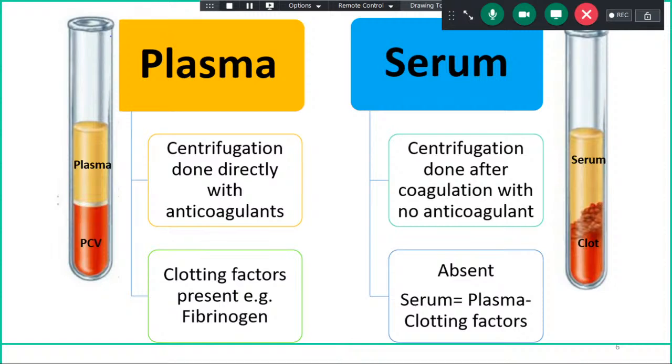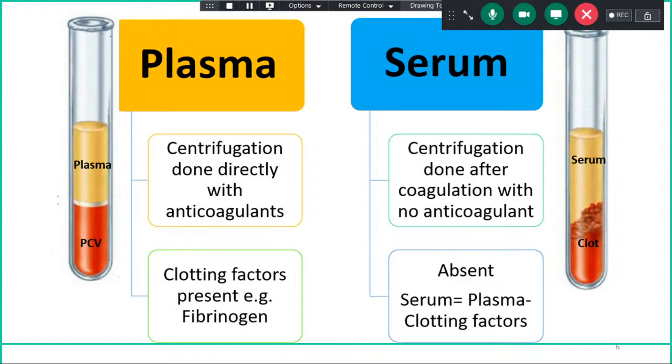But in laboratories, instead of plasma, we prefer to use serum for biochemical analysis. Why so? We will go into it. First of all, what is the difference between plasma and serum? When we directly centrifuge the whole blood with anticoagulant, what we get as a supernatant is called plasma, and it contains all the plasma proteins along with fibrinogen.